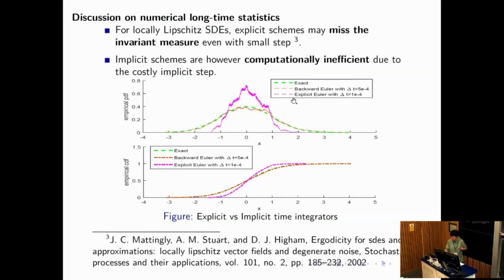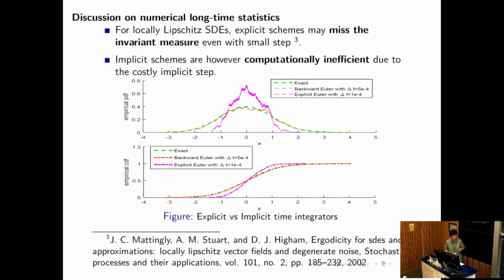And this one, the wrong PDF, is produced by Euler-Maruyama with a time step smaller than the implicit one. And you see that it is far away from the reference exact PDF. So in other words, if you want to have 100% correct invariant measure, you need to use the implicit scheme.